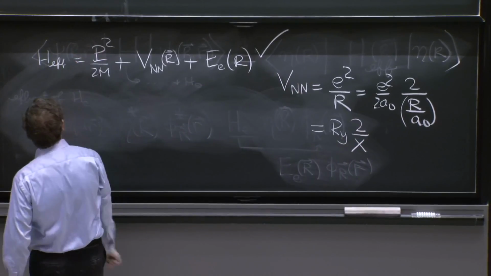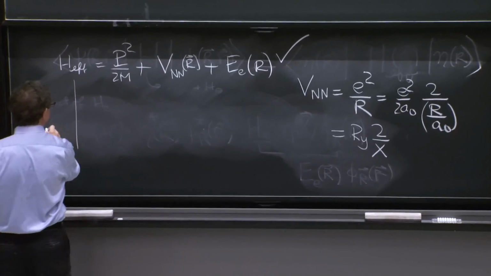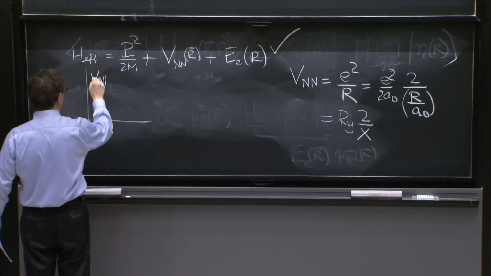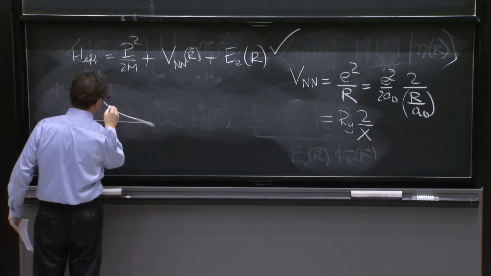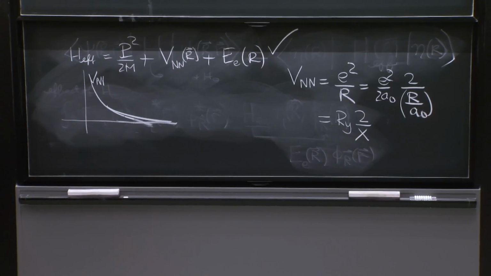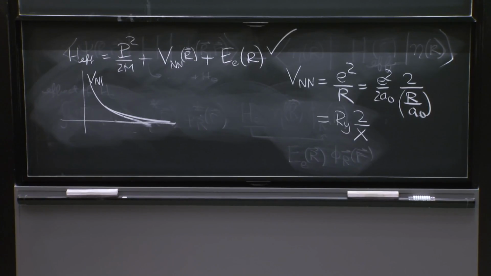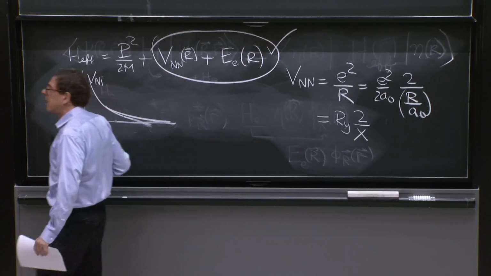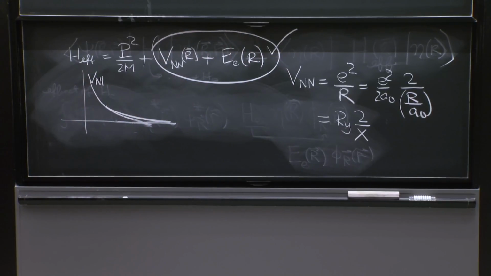So in terms of x, VNN is a 2 over x potential like that. So now you have the possibility of getting a stable ground state. The total potential for the nucleons is the sum of these two potentials.